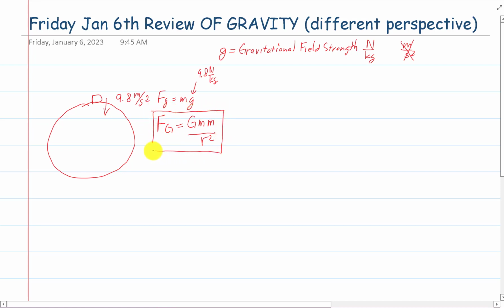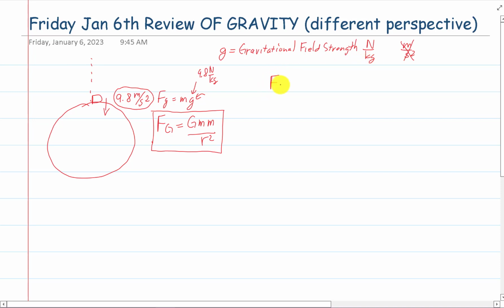Well, because if we didn't know what the gravitational field strength was, we could still calculate the force of gravity. Because g is not always 9.8. g changes. The higher we go away from the surface of the Earth, g changes.